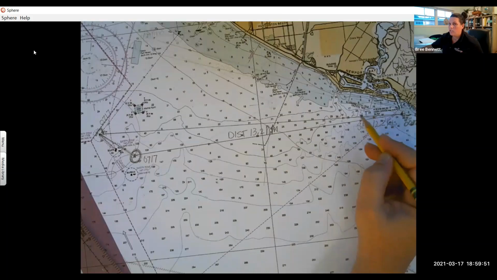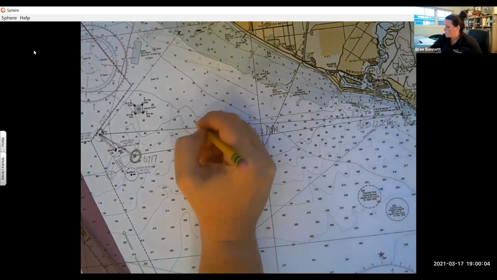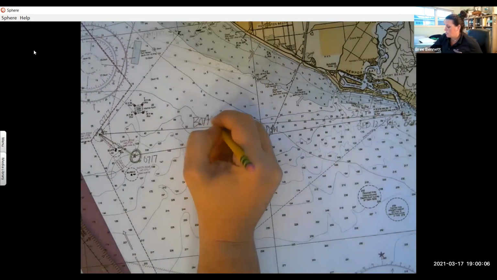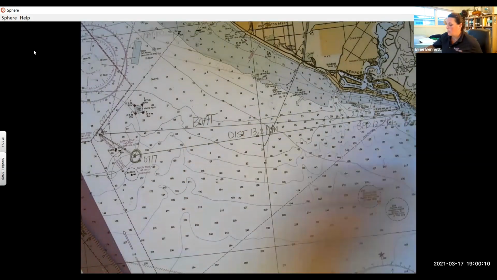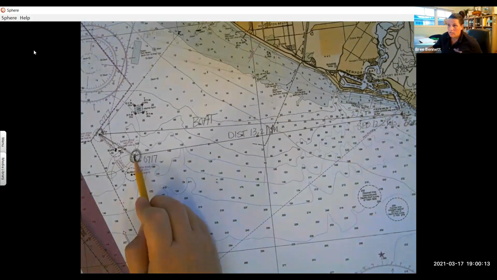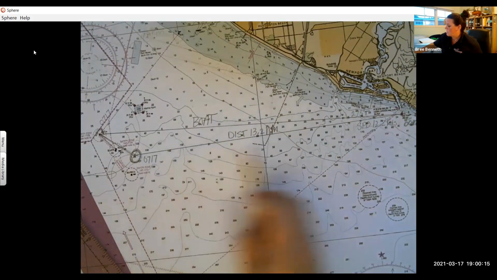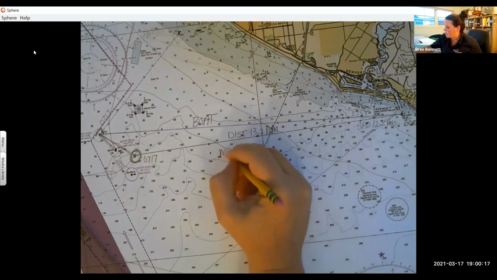We were heading 273 at 12.2 knots, and it was 00 fog, so we couldn't alter our course or see where we were going. So this was actually our boat's line. We started here and we ended up here. So this is our made good line.